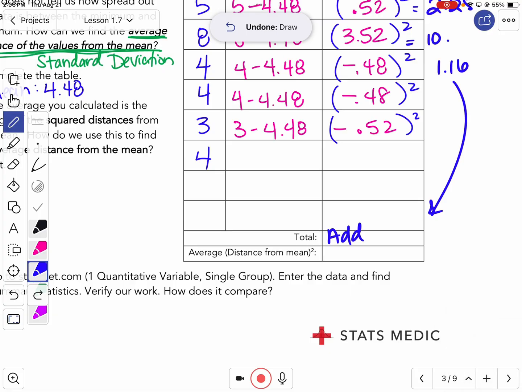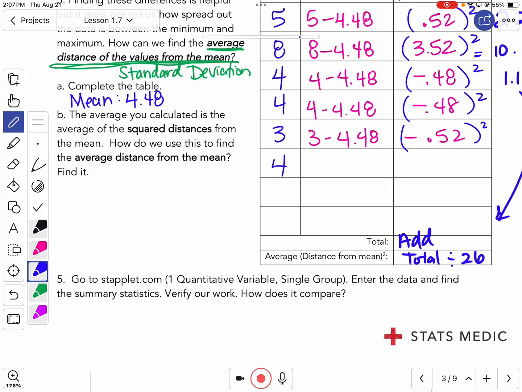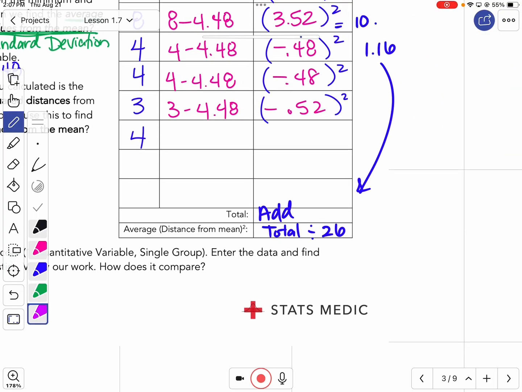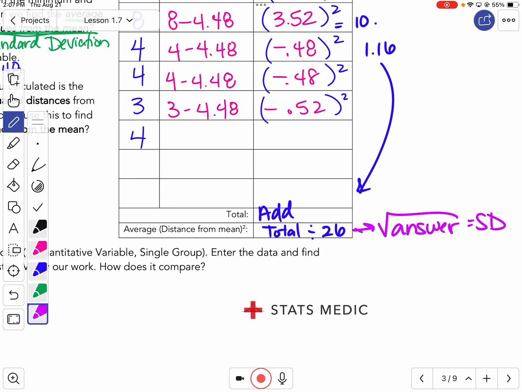So we take the total, and we would divide it by our total number of points, which we had 26. So I'd have to do that for 26 different points, okay? And then once I'd done that, I'd have to take the square root of the answer, okay? So then I would take the square root of my answer, all right? That is the standard deviation.